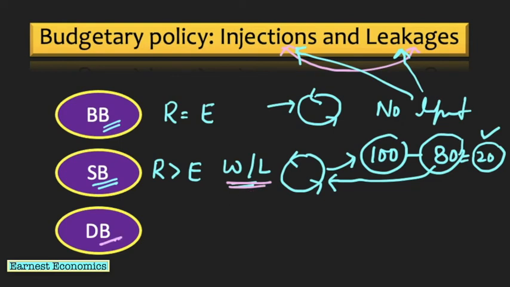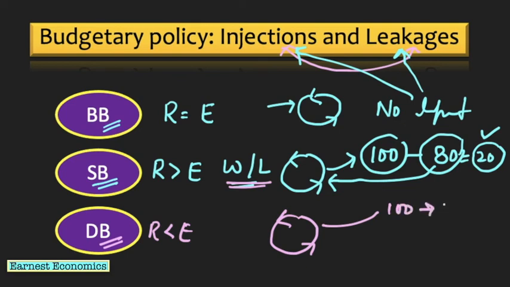Now when it comes to the deficit budget, again the revenue is less than expenditure. So in this case, this is our circular flow, and the government is taking 100 rupees from the circular flow, but it is making an expenditure of 120 rupees. That is, it is taking 100 rupees from the circular flow but giving back 120.